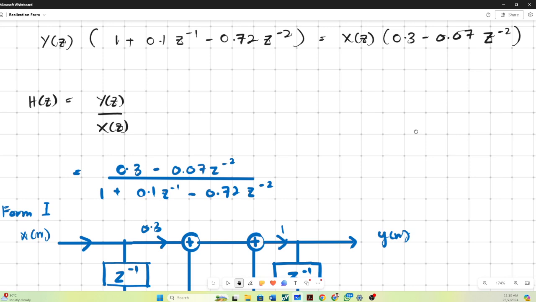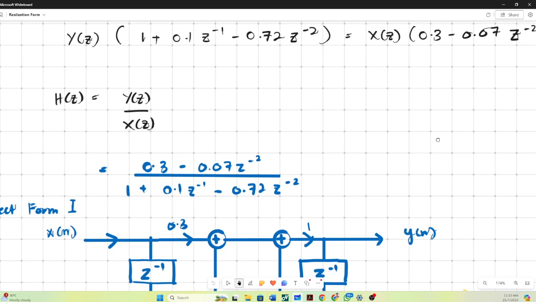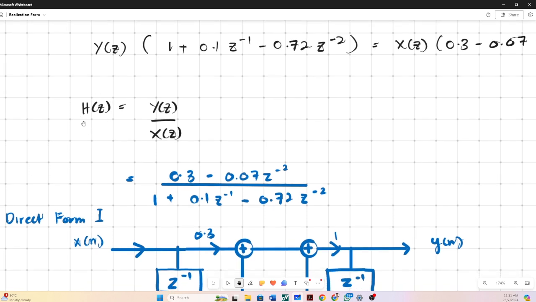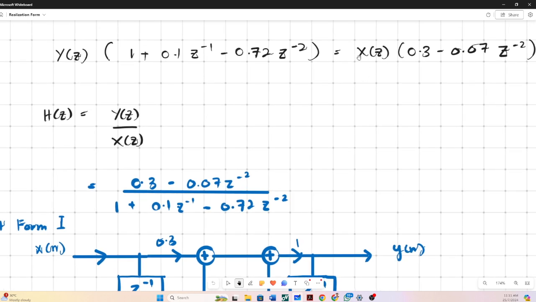So to draw the direct form 1, first we need to get the form of H(z). H(z) represents the system. To get H(z), we do a division of output divided by input, so output divided by input gives us the system. You bring the X(z) to the left side and the Y(z) equation to the right side.